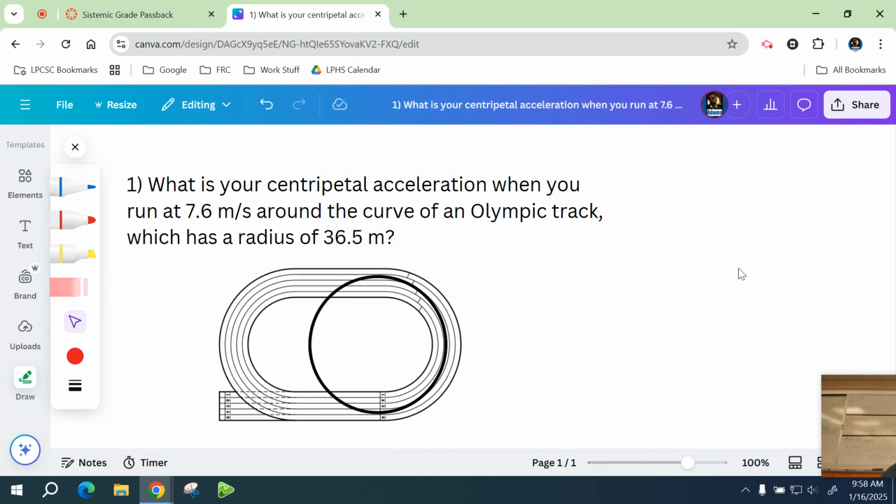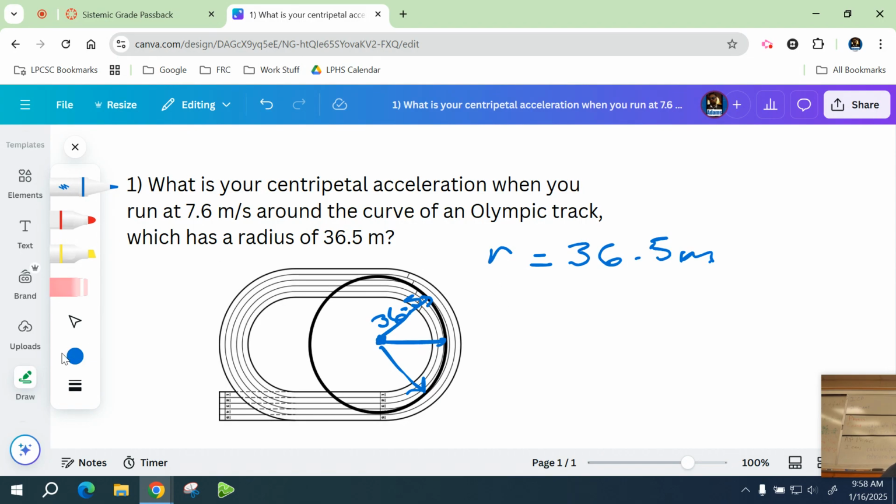And so what they're saying is that the radius, which goes from the center of the circle to the edge of the circle, at all points, all these blue arrows I'm drawing, they're the same distance. That's the definition of a circle, right? So the radius of that circle is equal to 36.5 meters.